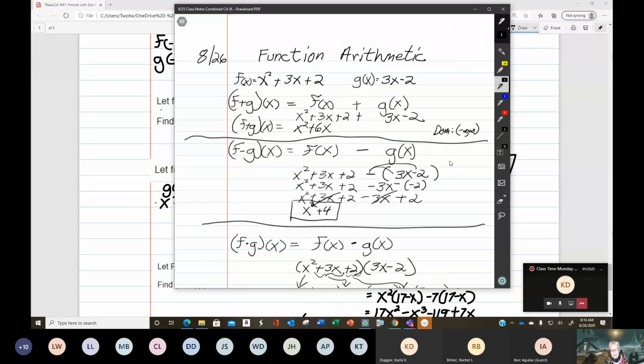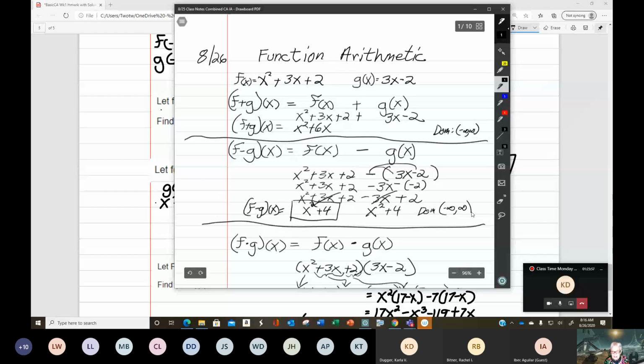Yes. And down here, f minus g of x equals x squared plus 4. What is the domain of x squared plus 4? It's a polynomial. Its domain is negative infinity to positive infinity.